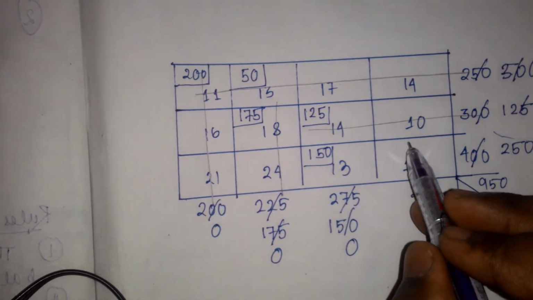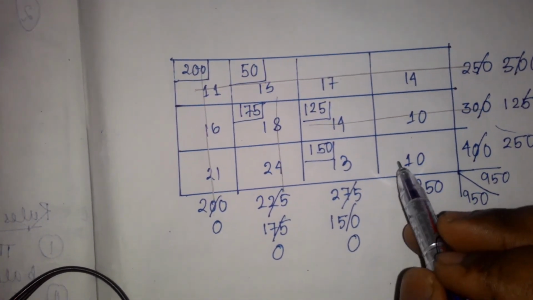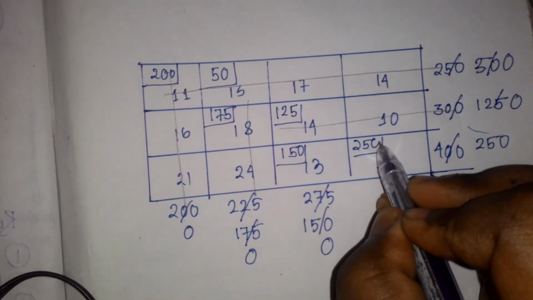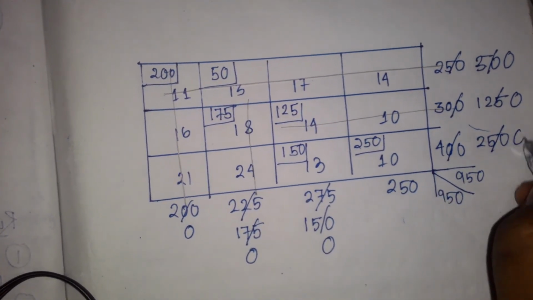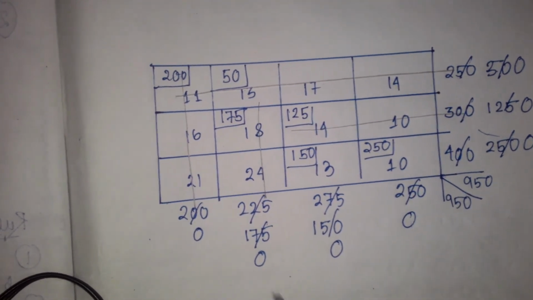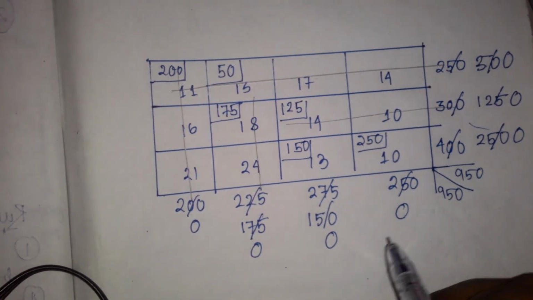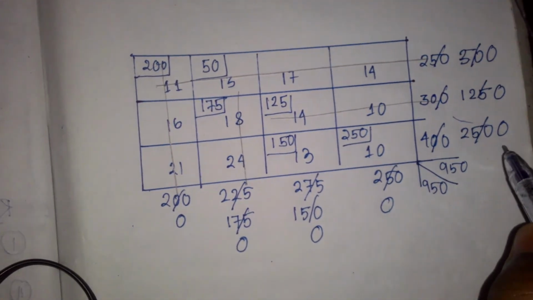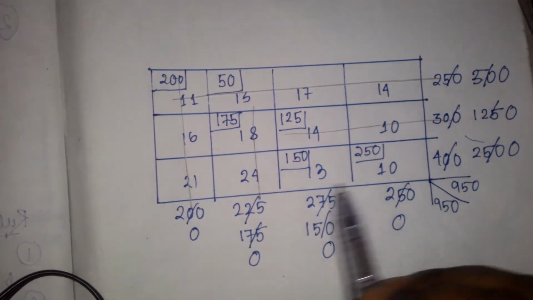Now the remaining matrix is this, so this will be marked with the supply value, and this is 0 and this will be 0. So all the demand and supply values are 0, then this is complete.